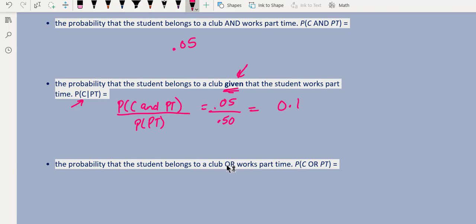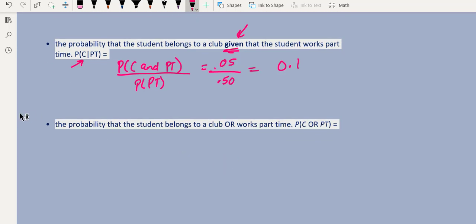All right. Now, let's do our last one, which is the or. Do we remember what we have to do for or? It says the probability that a student belongs to a club or works part-time. So that means we have to do the probability of C plus the probability of part-time minus the probability of C and part-time. The probability of C is 0.40.